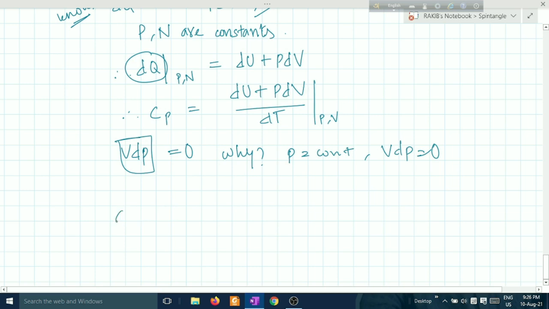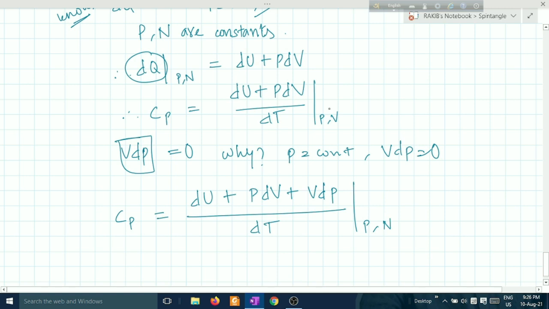I can write Cp as dU plus pdV plus VdP by dT at P comma N. Just adding 0 to something leaves it unchanged.